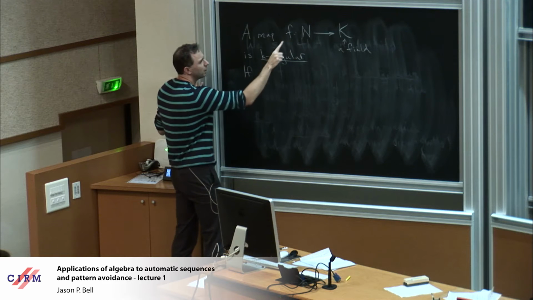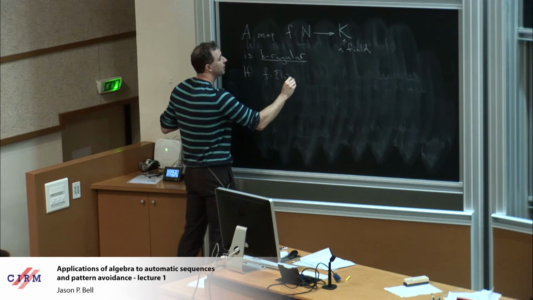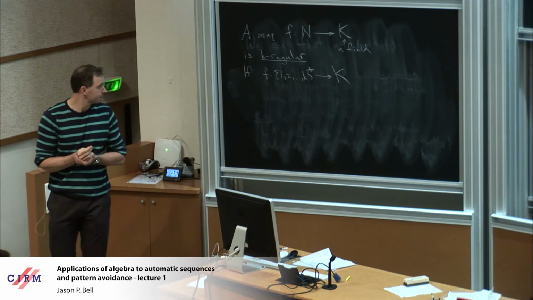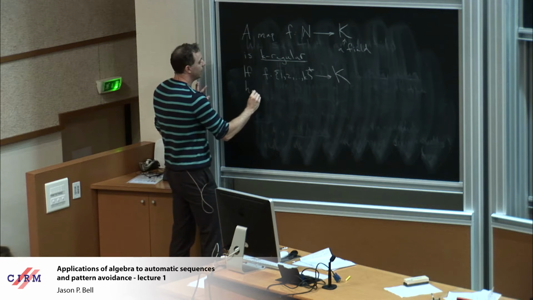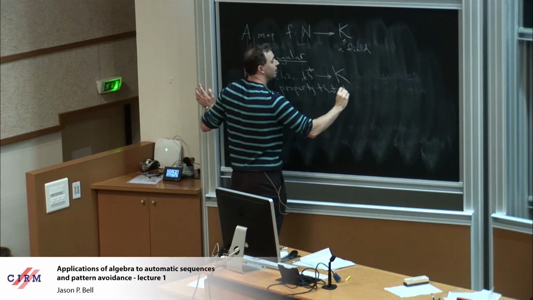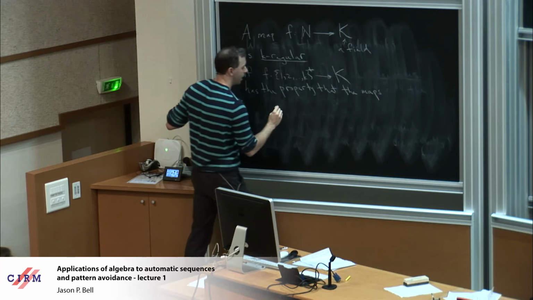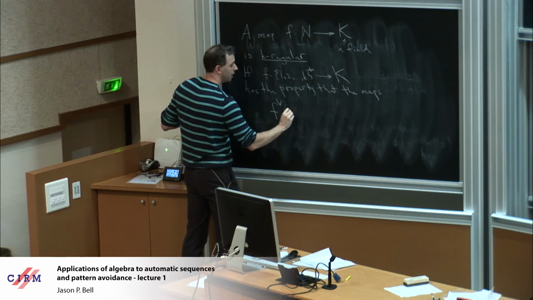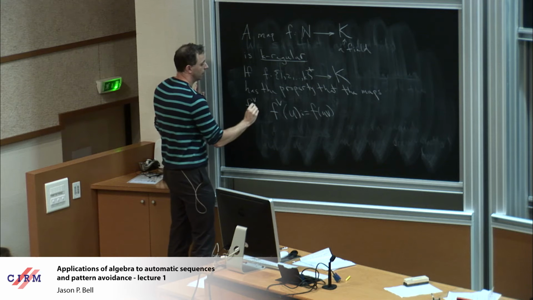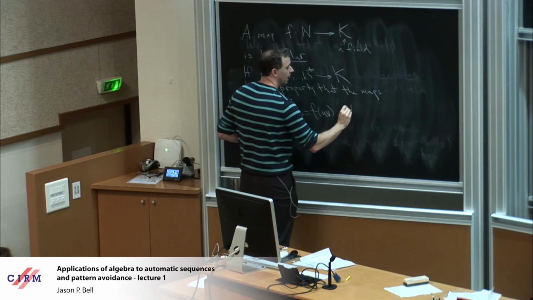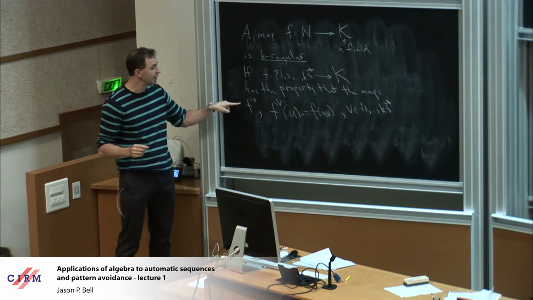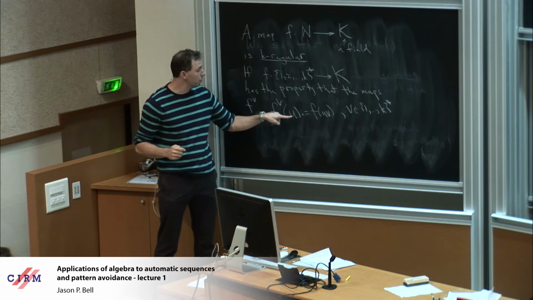Instead of working with n, let me really think of it as a map on this free monoid, has the property that the maps, so if I look for each word v, I can get a map f superscript v, where its evaluation at a word u is just f at uv.